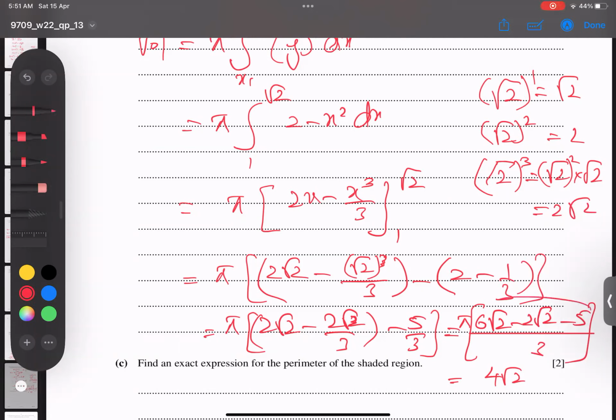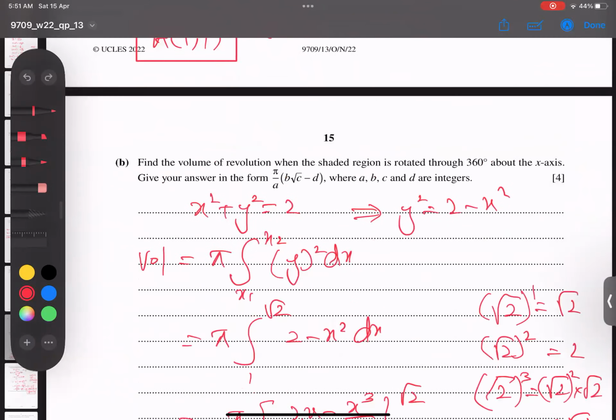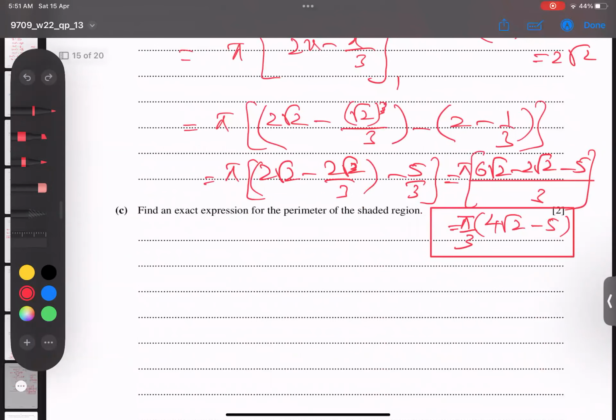So I'm writing the upper part only: 4 root 2 minus 5. Outside, pi is already there, and this 3 comes out as a denominator. So this is my final answer. I hope the rule concept is clear. We have to convert into this form, in which we have done it.